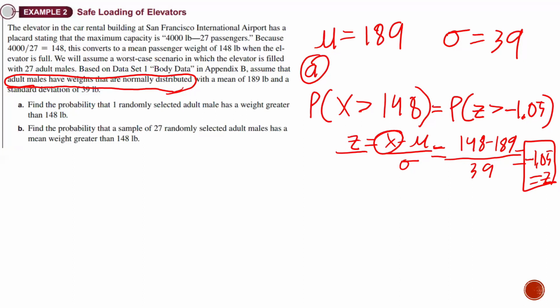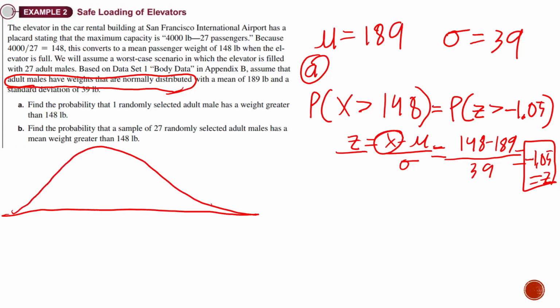So the next step, once you have the z-score, is to draw the picture. Okay, so here's my mean. Now, since it's been normalized, the middle is 0. So negative 1.05 would be to what side? The left, right?